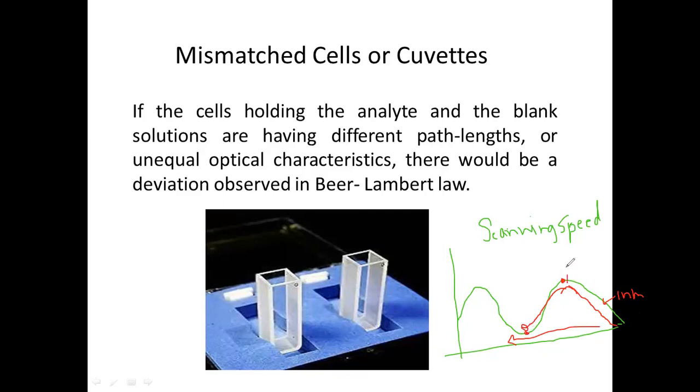So this is the maxima and this is the minima. So what has happened, the lambda max of the compound has shifted towards the left, meaning there is a decrease in the lambda max.